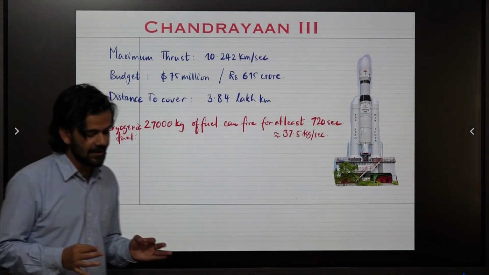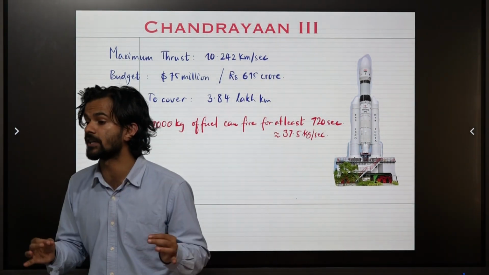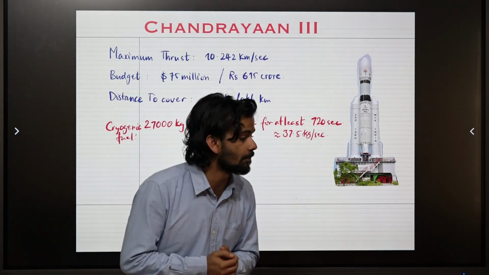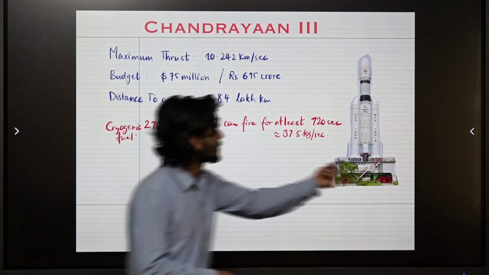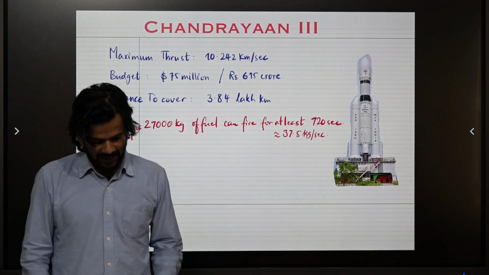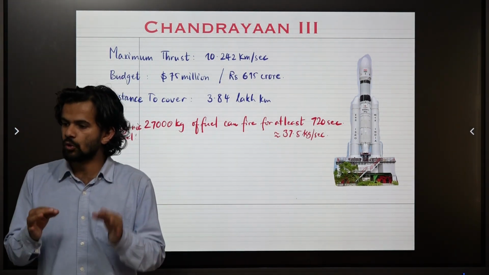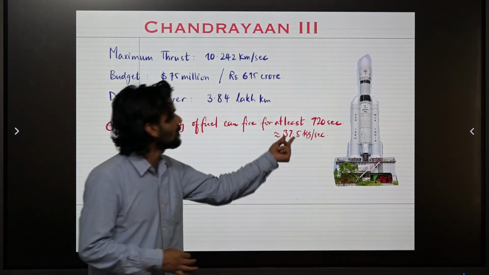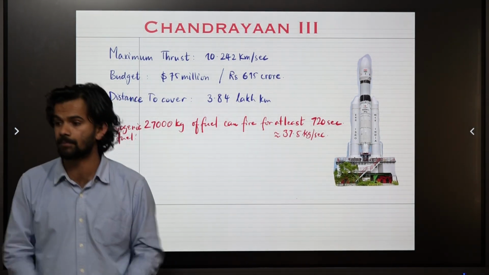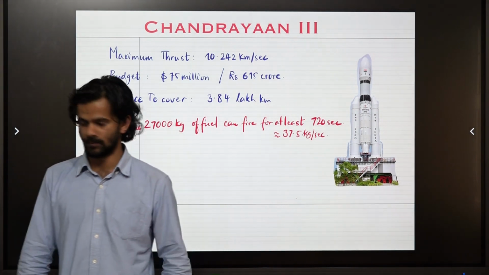And it is carrying more than 27,000 kilos of cryogenic fuel. It's a fuel that is used to power this big beast. It's a huge thing. And in 1 second, it can use up to 37.5 kilos of fuel. It's burning that fuel.